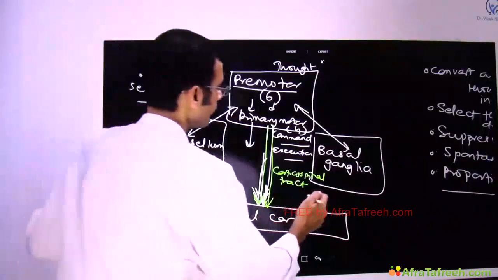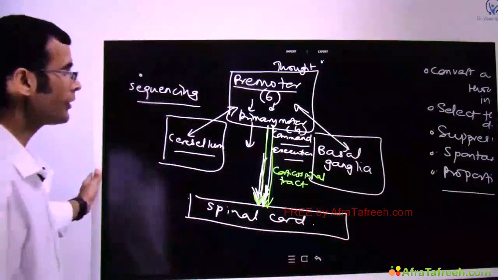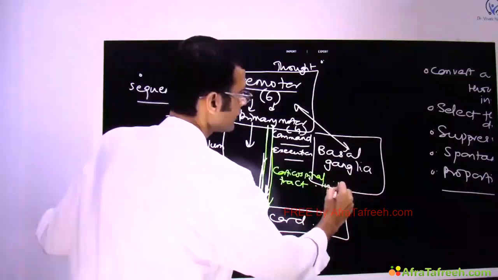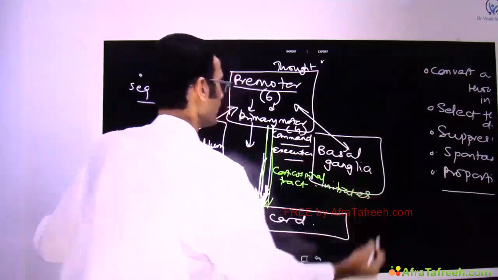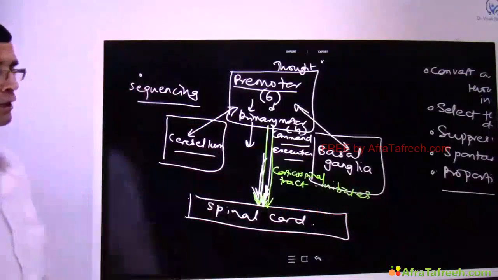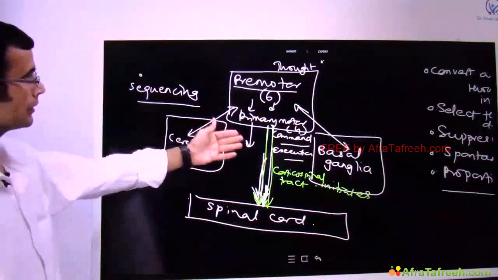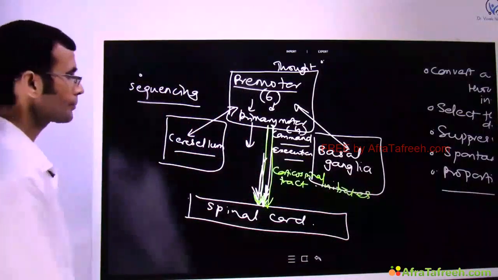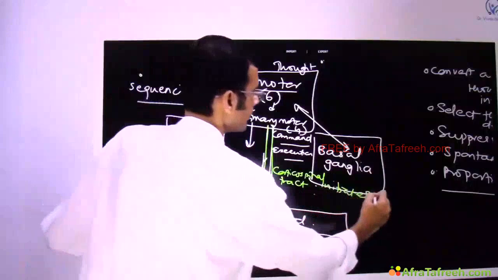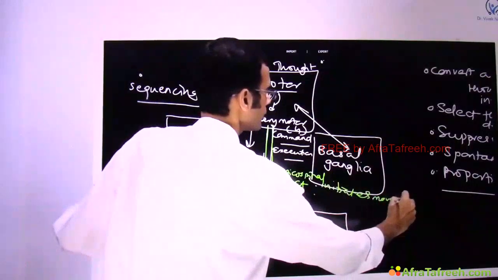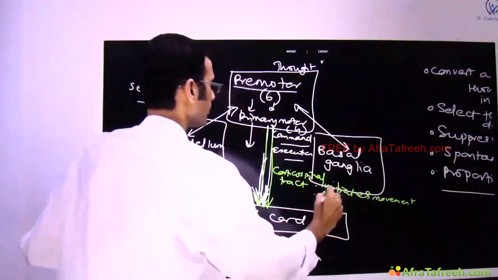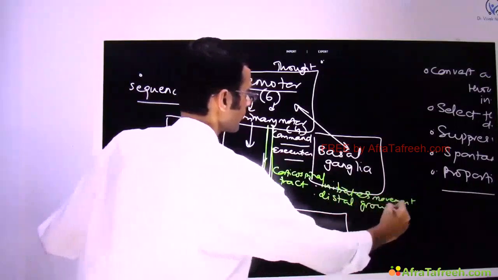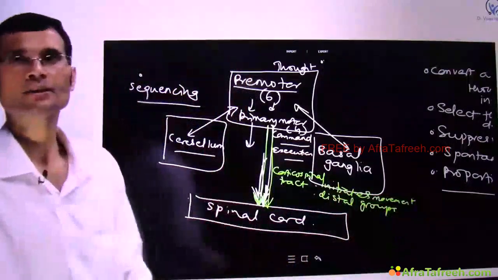So what functions are performed by the corticospinal tract or pyramidal tract? It initiates the voluntary movement. As per the command, now the execution starts. It controls the distal muscle groups of hands and feet.